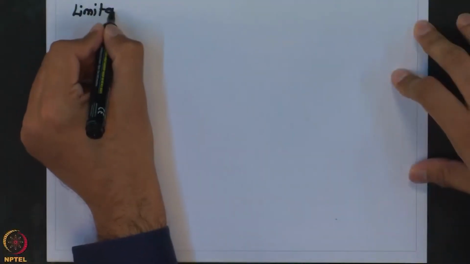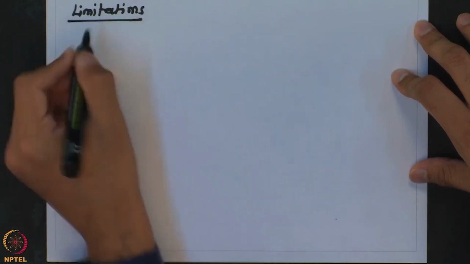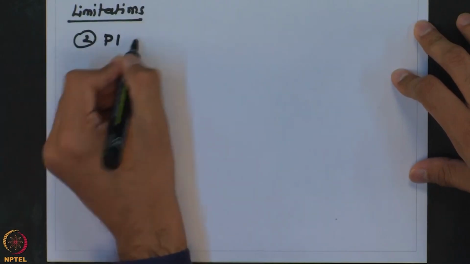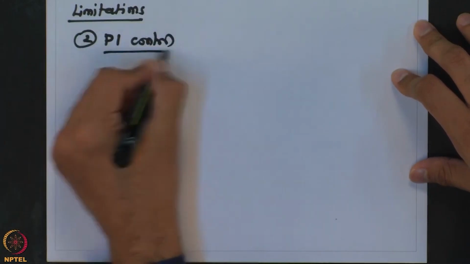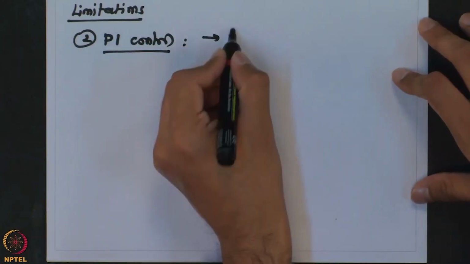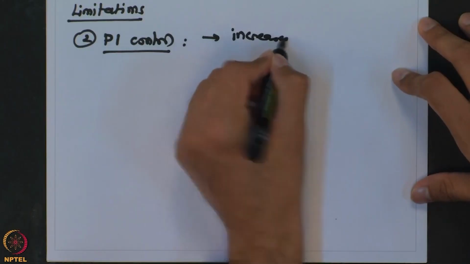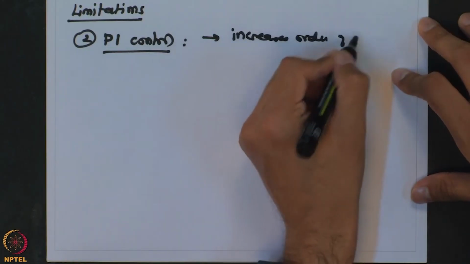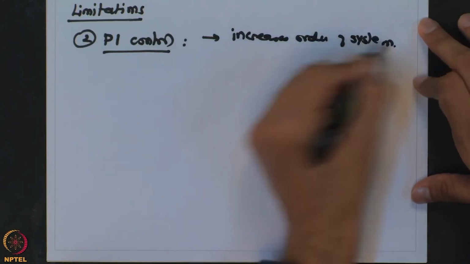Let us now look at the limitations of PI control. So, one limitation is that it increases order of system.